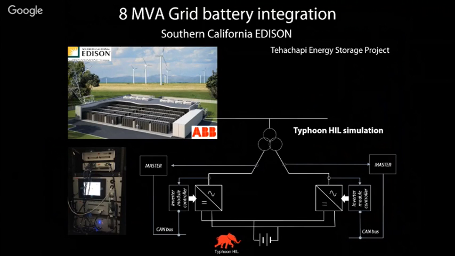You just charge them a little bit over the limit, or you discharge them a little bit too much, then you ruin them, and they're extremely expensive. So for an 8 megawatt grid battery facility, it was essential to simulate the batteries and validate the control without using actual batteries for this application.